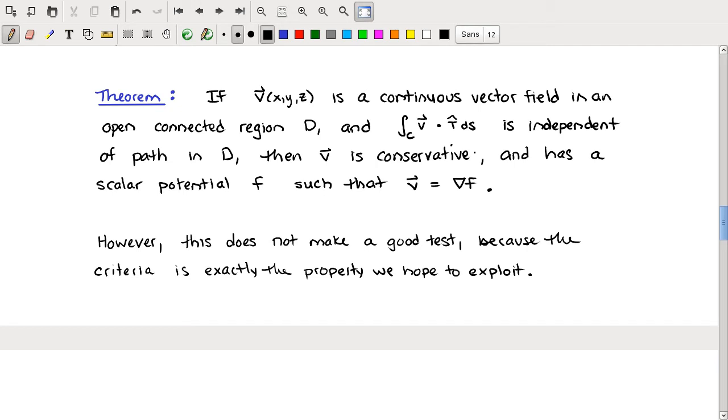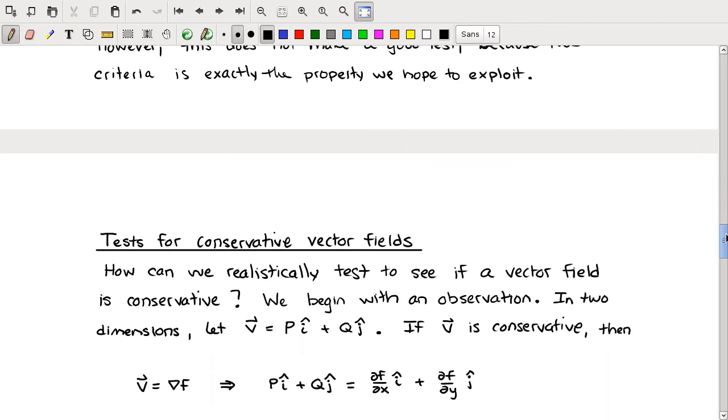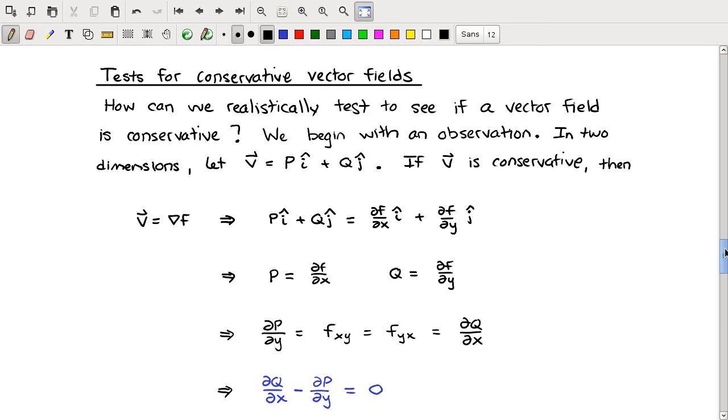From an applied perspective, that's the very thing that we want to exploit. We want to avoid doing these integrals, parametrizing the curves. So it's not any good to test for this property by doing the thing that we want to avoid in the first place. So let's try and find an alternate test for conservativeness.